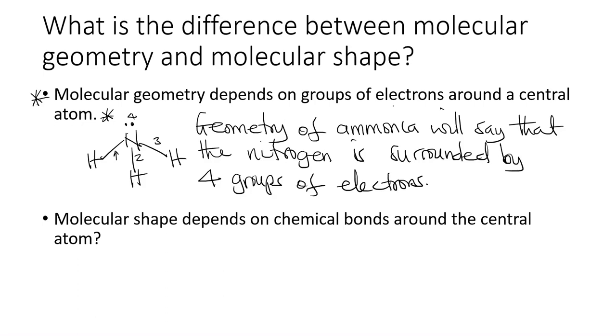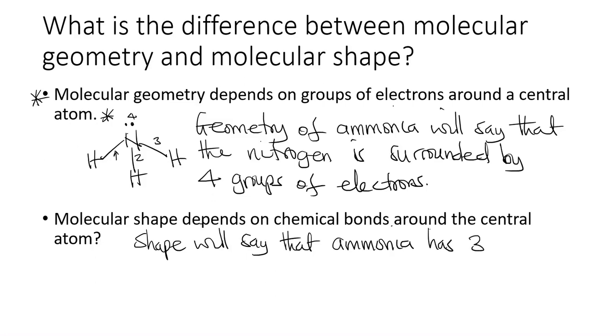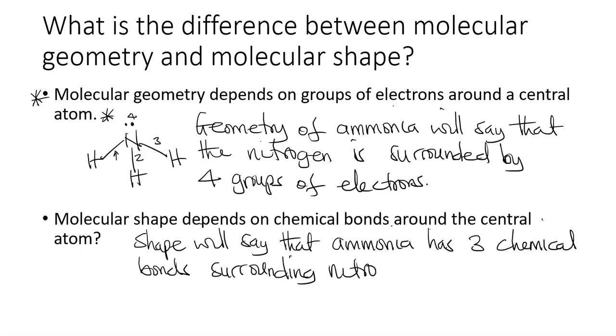What about the shape? If we look again at ammonia, shape will say that ammonia has three chemical bonds surrounding nitrogen.